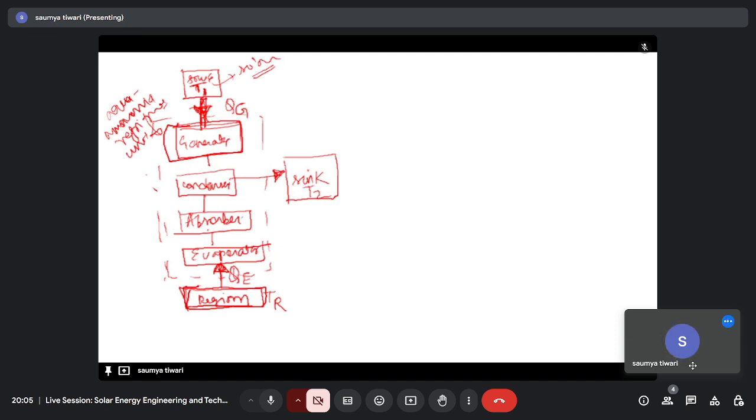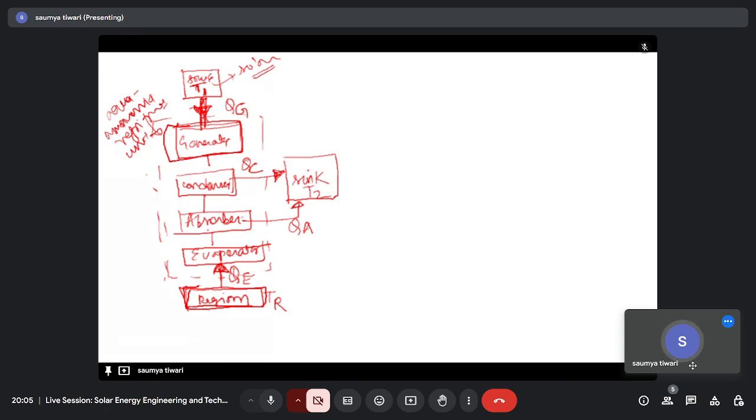So let's say it's QC for the condenser, heat taken from the condenser, and QA for the absorber. So this is all the heat transfer that is taking place between the source, the region that needs to be cooled, your aqua ammonia refrigeration unit, and the atmosphere. I hope whatever I have explained is clear, how heat transfer is taking place between different components of this aqua ammonia absorption system, right.